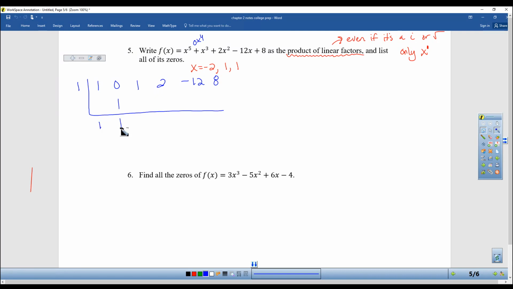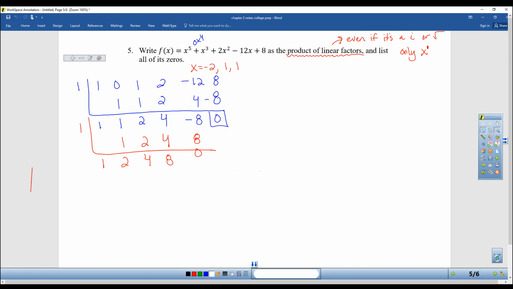So add, multiply, add, multiply, add, multiply, add, multiply, add, multiply, negative 8, 0. And then I get to use the 1 again. 1. So add, multiply, add, multiply, add, multiply, add, multiply, 0.